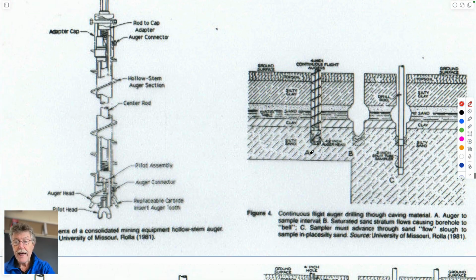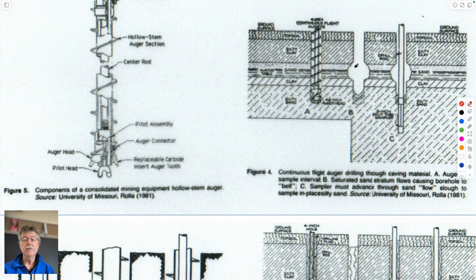The problem with that is, as on the right-hand side, if you go through material which is silts and sands, which have water in it, as soon as you pull this auger out, there's nothing keeping the hole open. There's nothing in it other than water that might flow into it from the sides. You're not adding water to it. And so this might slough into the hole.